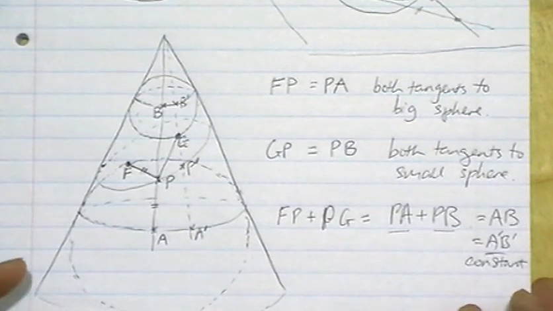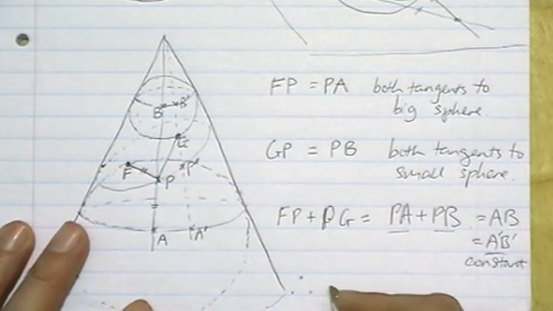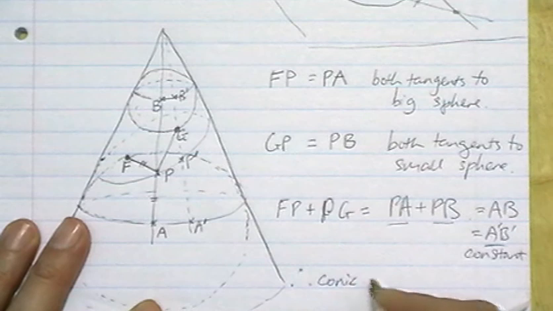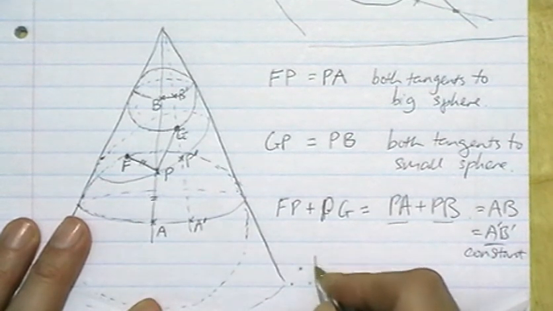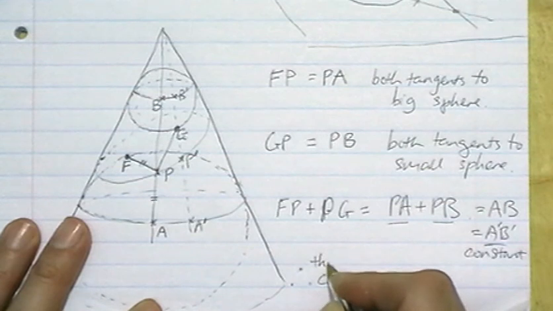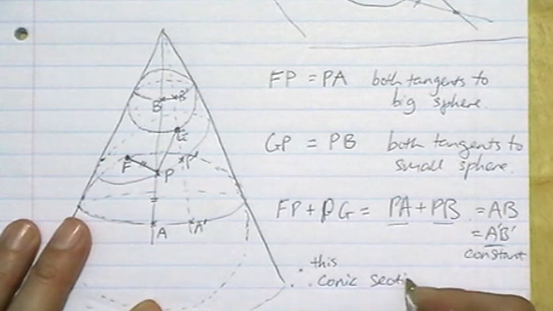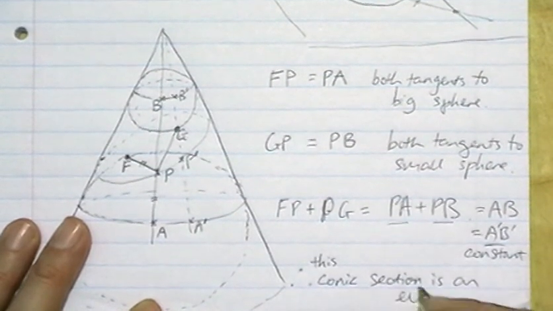Okay, and therefore we have proven that this conic section is an ellipse.